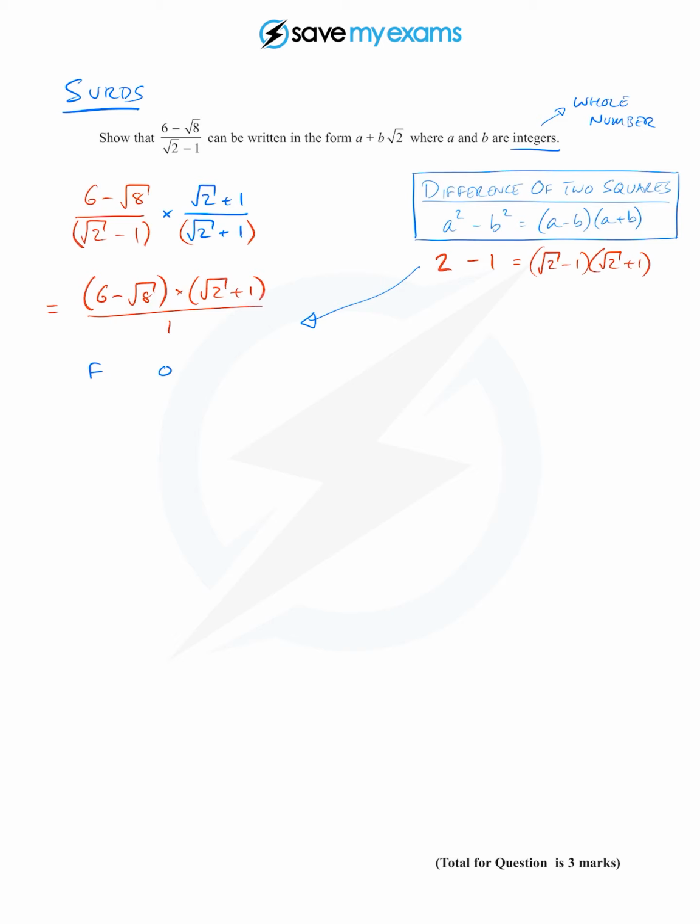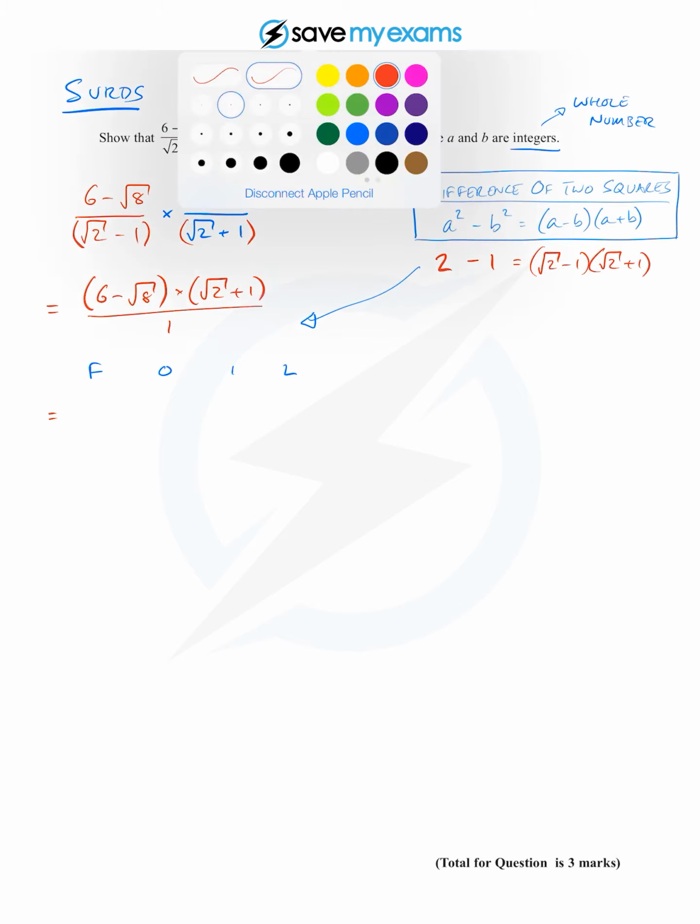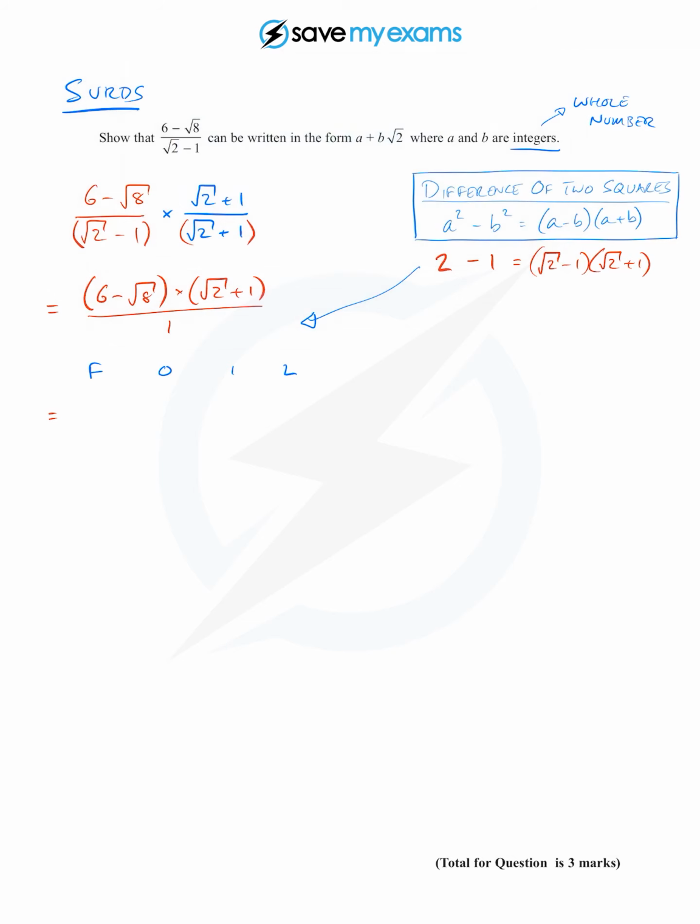If you don't know what FOIL stands for, it stands for first, outer, inner, last. Now there are other ways of multiplying out two brackets, but FOIL means you multiply the first term in each bracket together, and then the outer pair, and then the inner pair, and then the last pair of terms, like that.